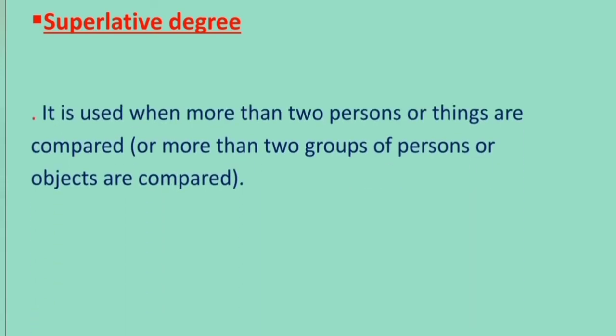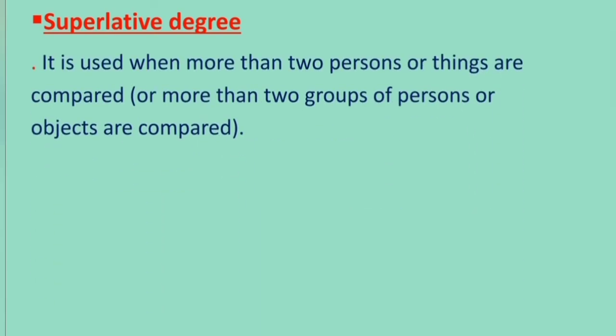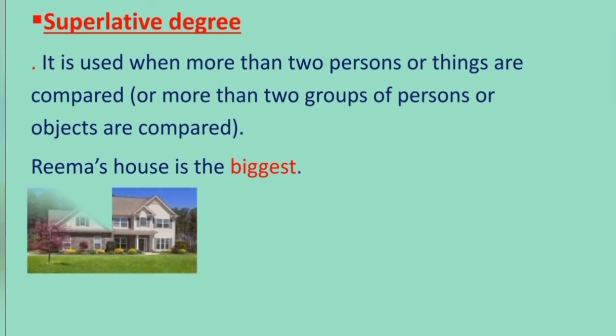Now come to the next. The last one is superlative degree. Superlative degree is used when more than two persons or things are compared, or sometimes we compare more than two groups of persons or objects. Normally it means more than two. So Rima's house is the biggest. You can understand through this picture.